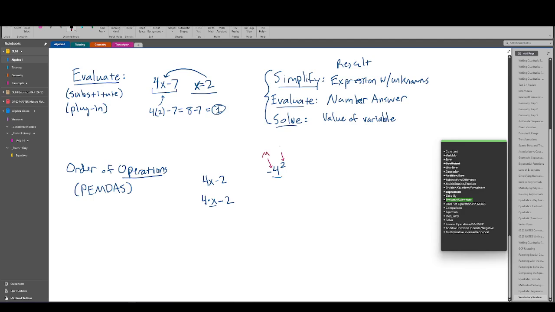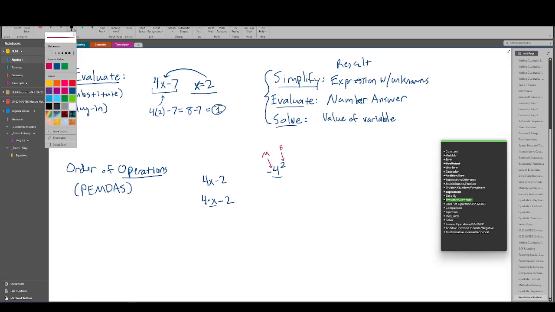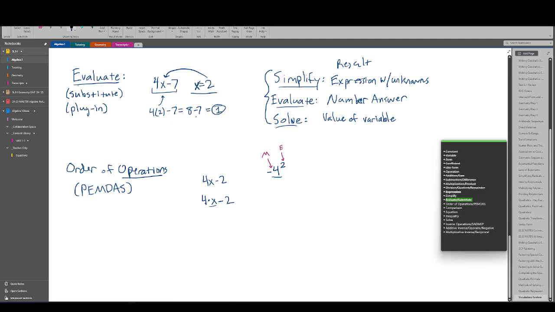So there's a multiplication operation and an exponent operation that are both trying to act on my 4. If I follow the order of operations, the exponent happens first. So then I have negative times 4 squared, which is negative 16.